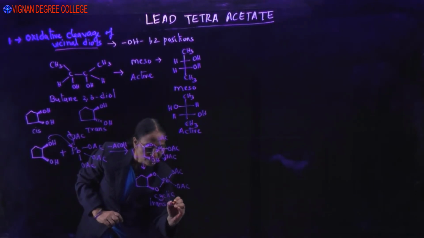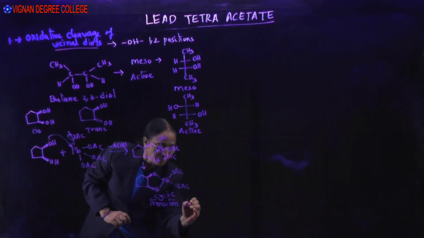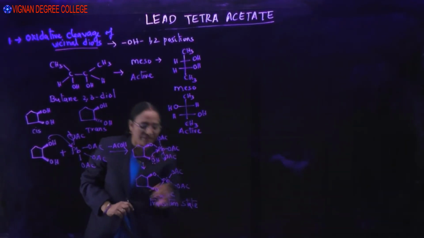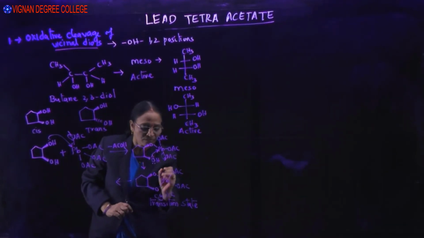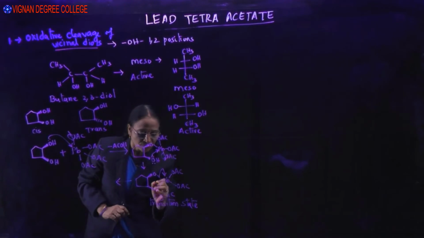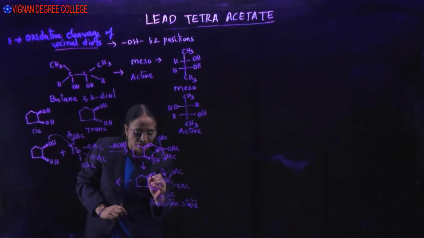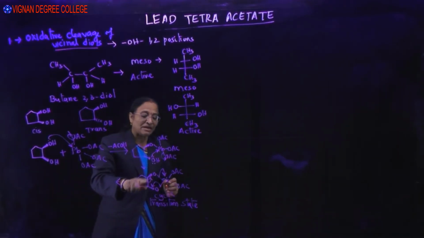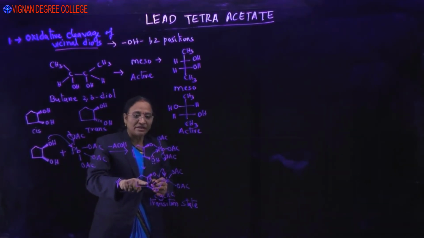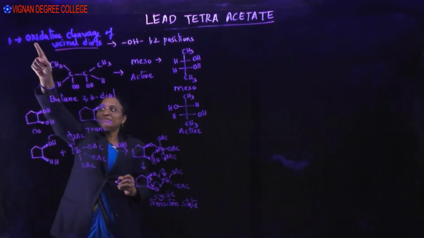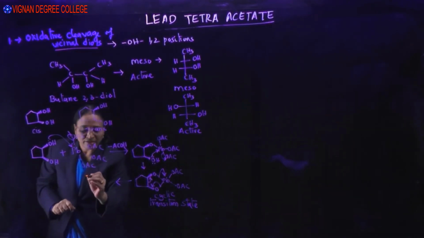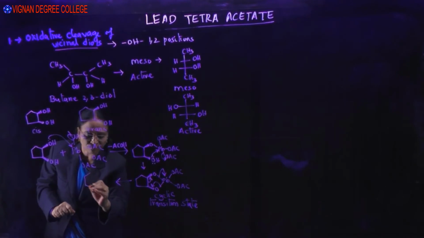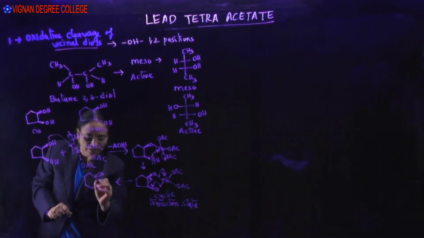It results in the formation of a cyclic transition state, and this cyclic transition state can undergo decomposition, leading to the cleavage of the carbon-carbon bond. Since this is undergoing the cleavage of a carbon-carbon bond, that is why it is called oxidative cleavage of 1,2-diols, resulting in the formation of a dialdehyde.